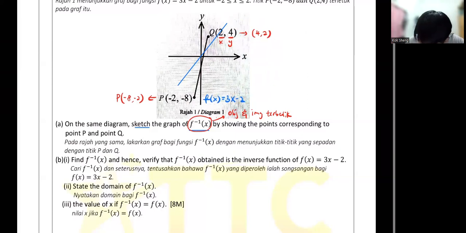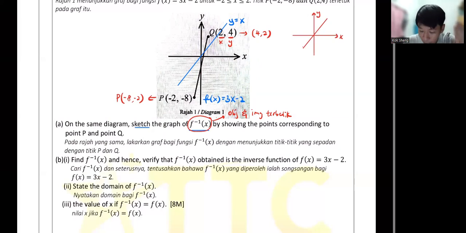You have to draw this line which is y equals x, the line that cuts the axis into half. This is both your x and y axis, and the line that cuts this into half is your y equals x.